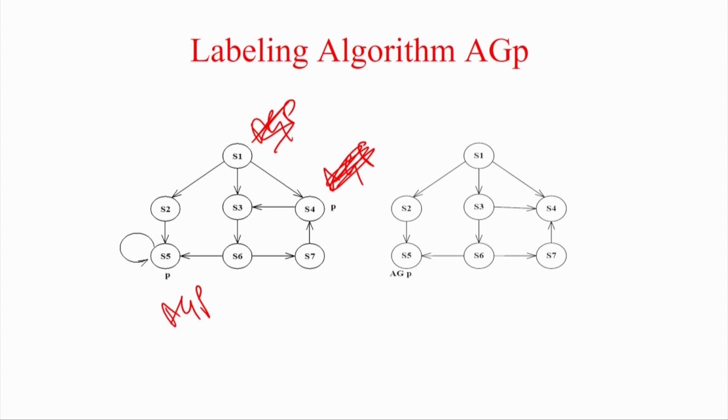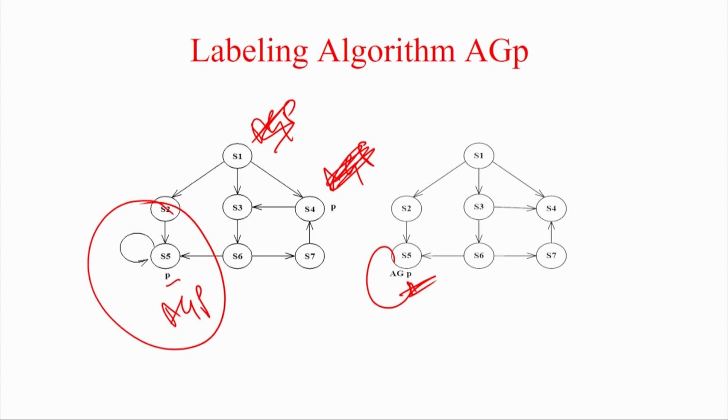But if you look at these states specially, sorry, there should be a loop over here, they forgot to draw. There is a self loop over here. So, if P is true, the successor is only P; S5 is the successor of itself, the only successor, where AGP is true. So AGP will be true over here, which means in this state all paths globally P is true because it is a self loop.